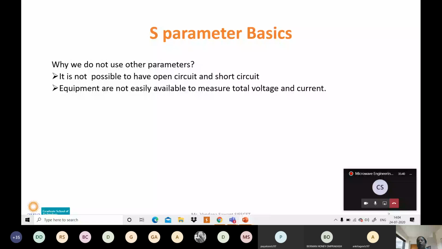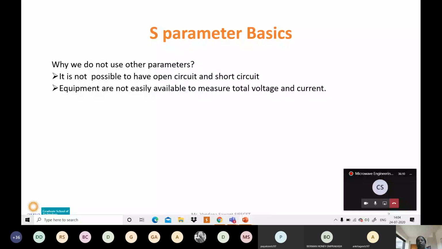Like a CRO has a maximum 30 megahertz frequency limit, a DSO has a 60 megahertz frequency limit. In that way, every instrument has a limit for its operation in frequency. The instruments which measure frequency in the gigahertz range are not easily available, or they are very costly.